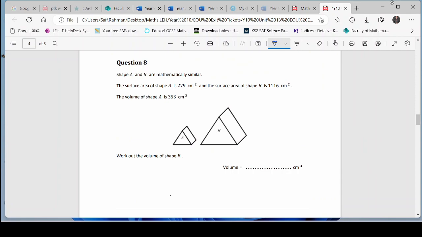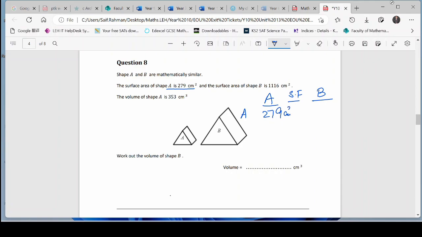In question number 8, shapes A and B are mathematically similar. The surface area of shape A is 279 centimeters square. So the area of A is 279. Okay, so we have to write A and B and the scale factor; these three things we needed.